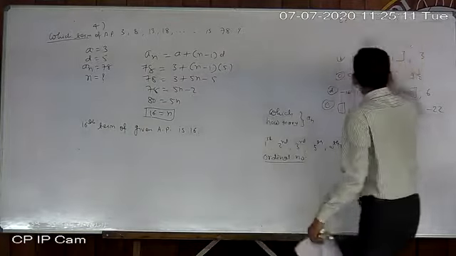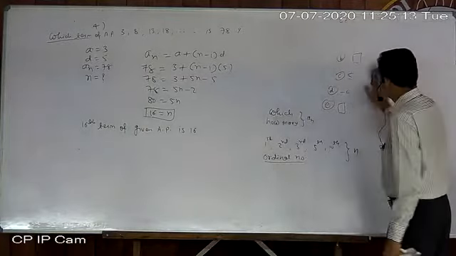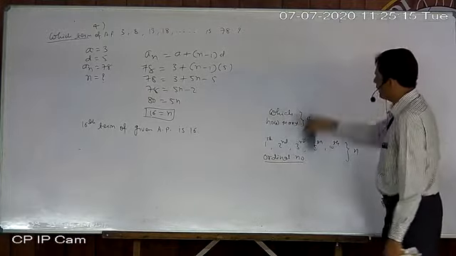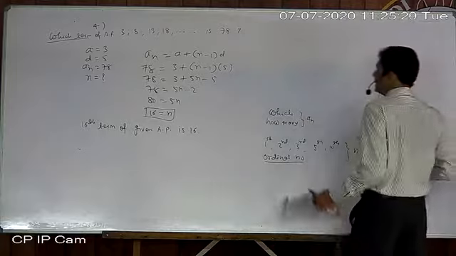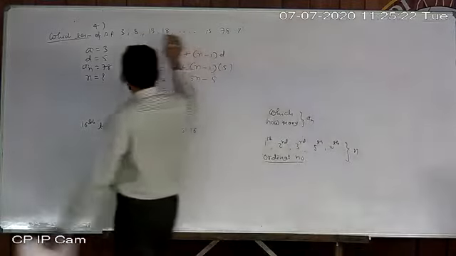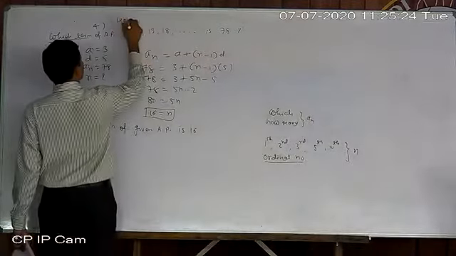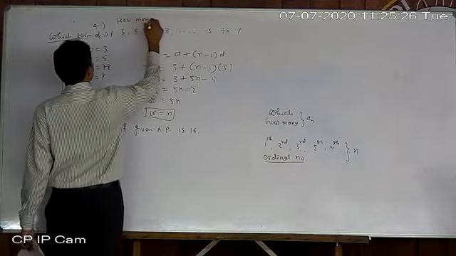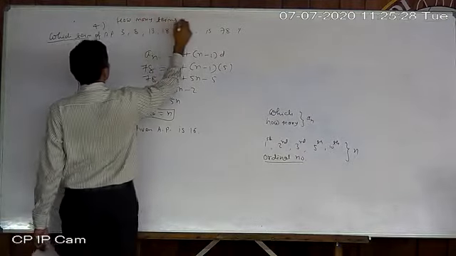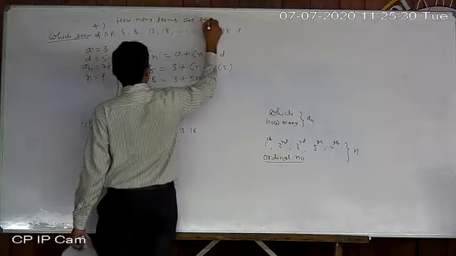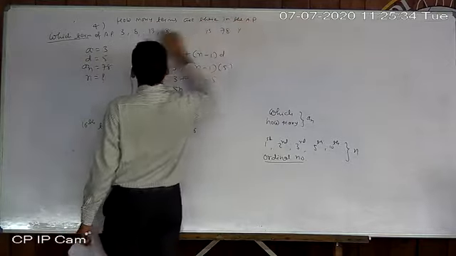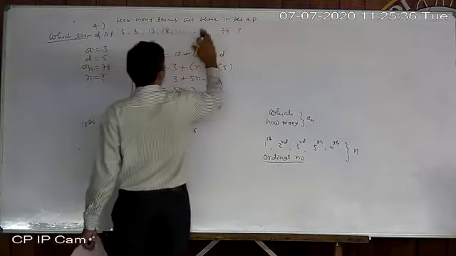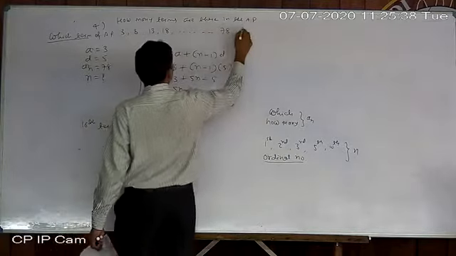Number 5. Can you see how many terms are there? Even in this one, I would have written how many terms are there. How many terms are there in the AP 3, 8, 13, 18, dot, dot, dot, 17?